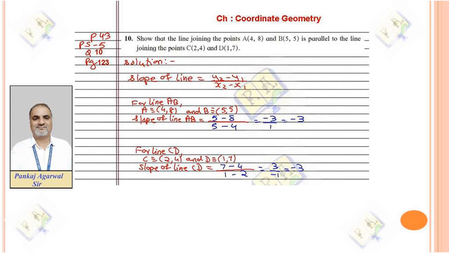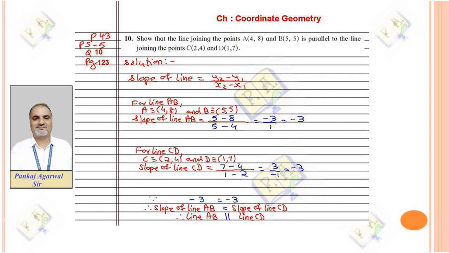We will also calculate the slope of line CD, which will be minus 3, as minus 3 is equal to minus 3 from equation 1 and 2. Slope of line AB is equal to slope of line CD. If the slopes are equal, the lines are parallel. Therefore, line AB is parallel to line CD.